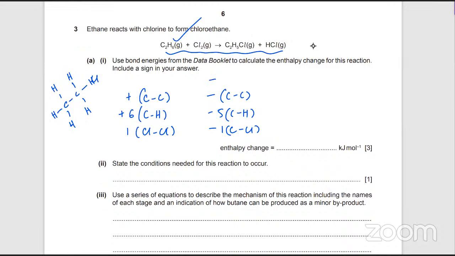Then you're also forming an HCl bond. So a lot of these bonds will get cancelled out if you sum them up. The HCl is at the bottom. The enthalpy data is given in the data booklet.